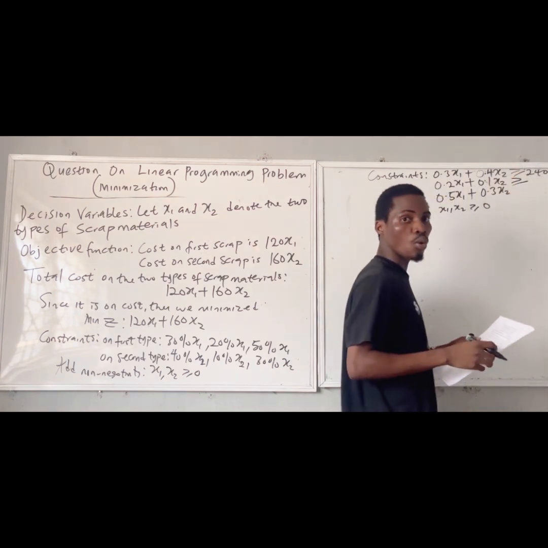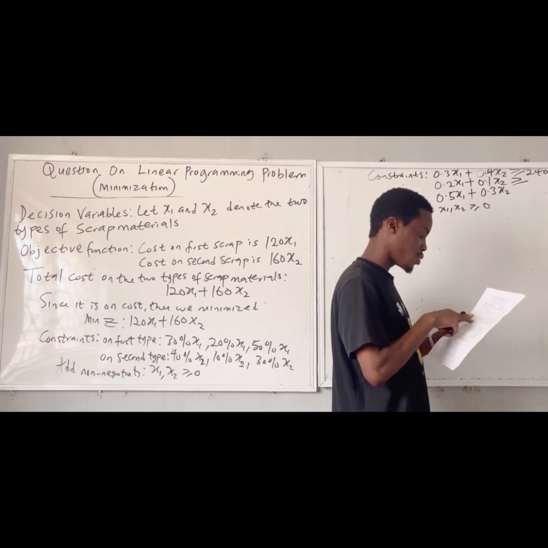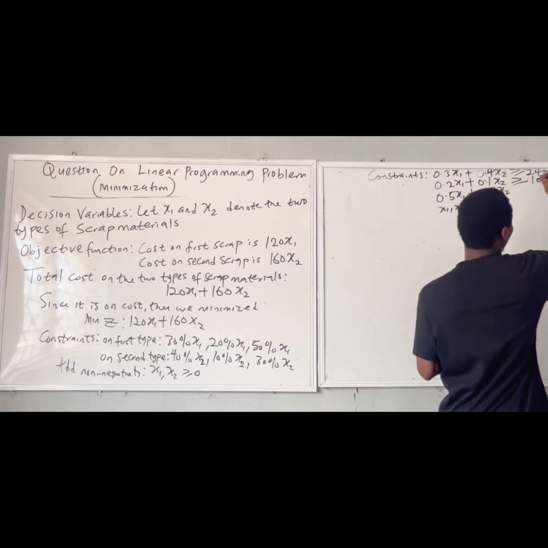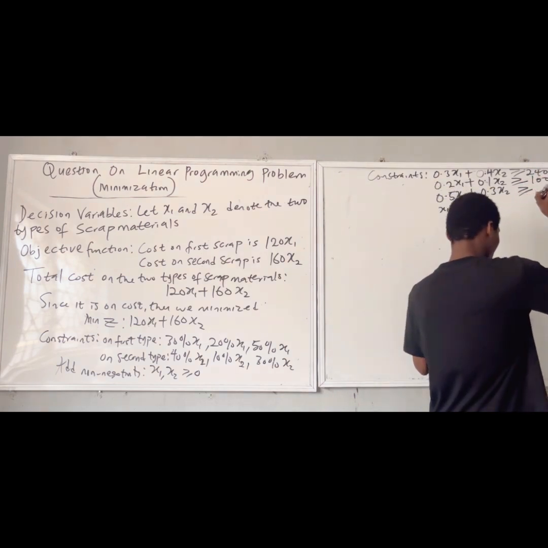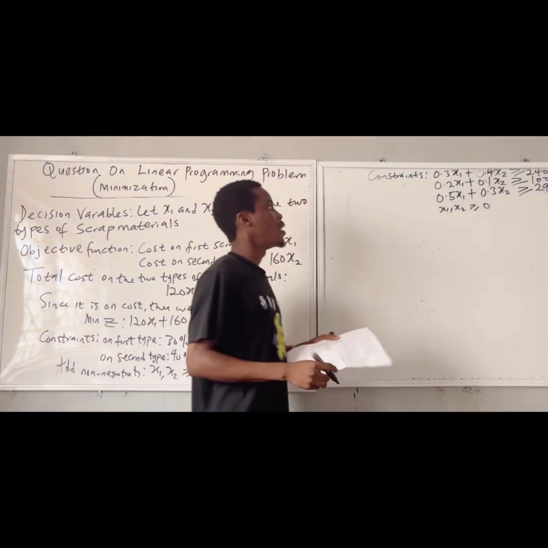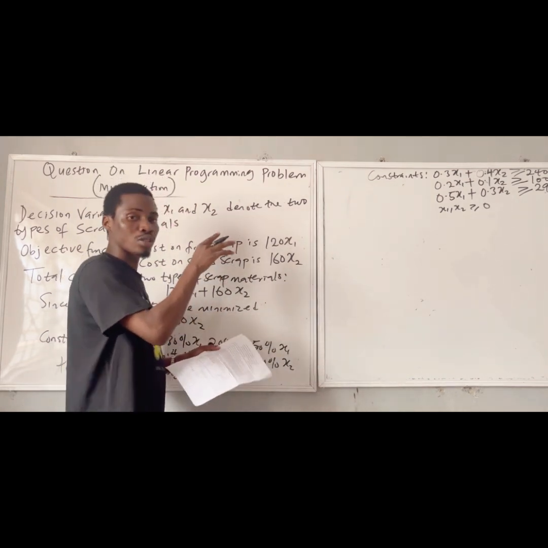On Y, for S1 and S2, we have 100 kilograms of material Y. Then on Z, we have 290 kilograms. Remember, we are dealing with minimization of cost, and we want to plot.